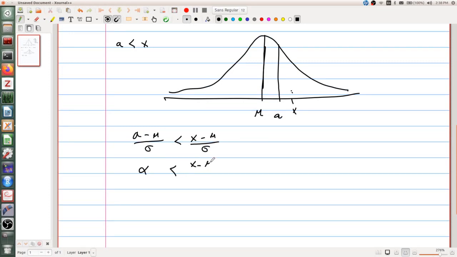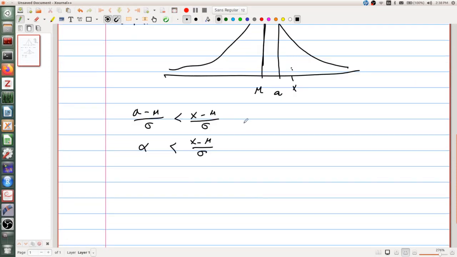This is what you get. What's the probability that x is here? The probability of x being there in this distribution is this.